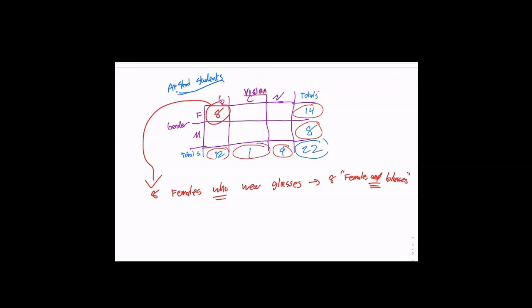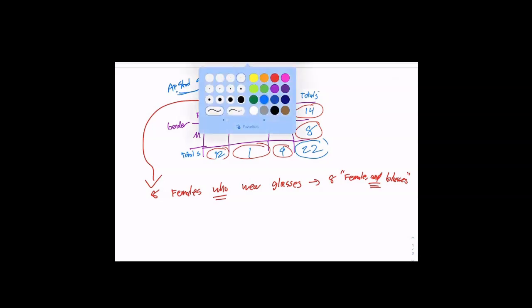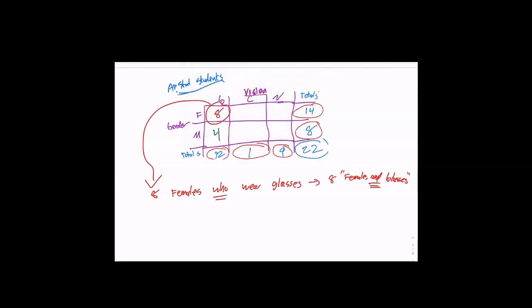When I say who wear glasses, there are 8 females who wear glasses. They're basically the same thing. Okay. How many males wear glasses? 4. Has to be 4. The math has to add up. So that has to be 4. Plus 4 now, because 8 plus 4 is 12.